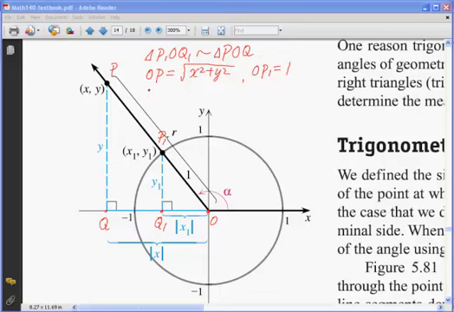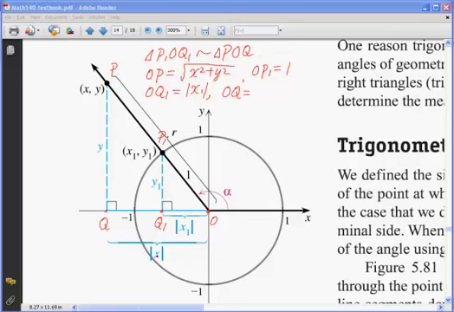And also OQ1. OQ1, this is the same as the absolute value of the coordinate of this point of intersection, right? Which is equal to the absolute value of x1. And then OQ, this is the absolute value of the x coordinate of this point P, right?